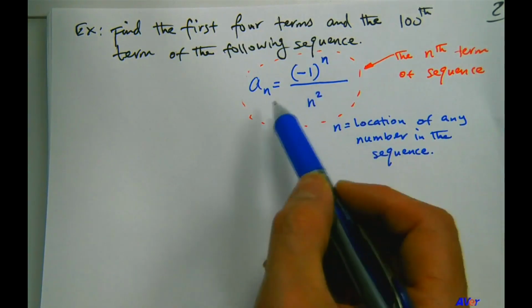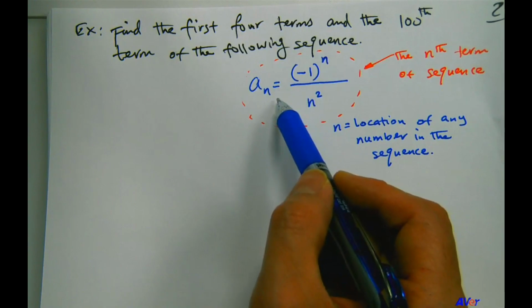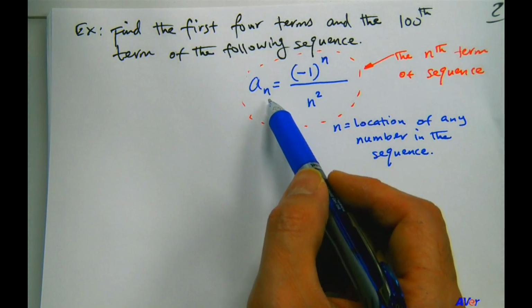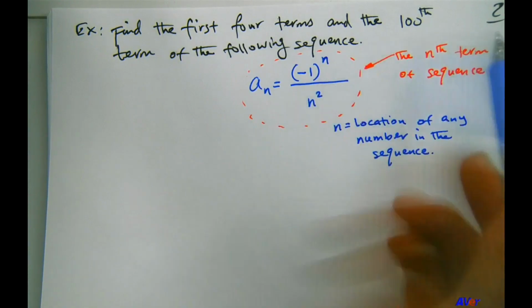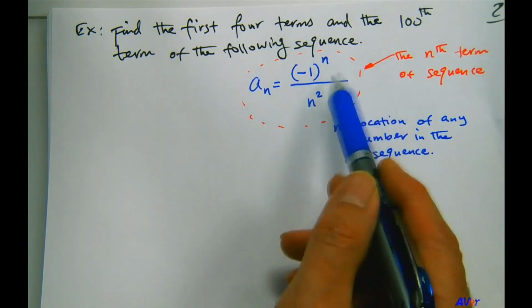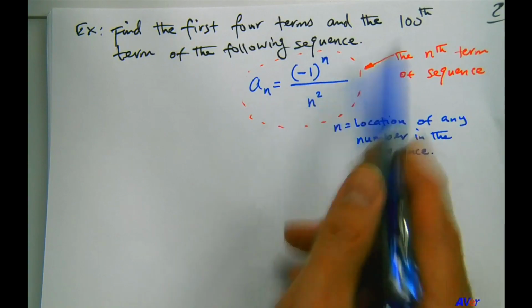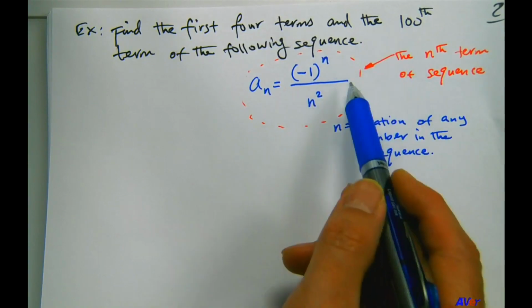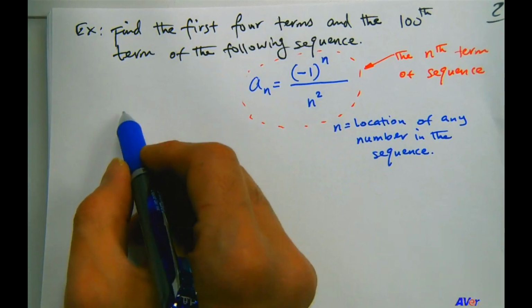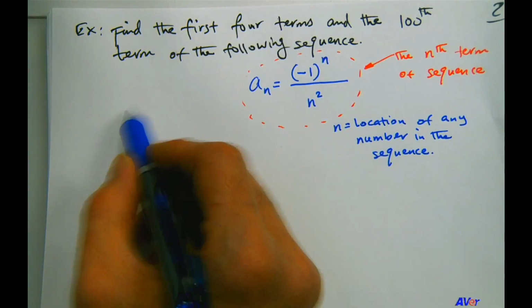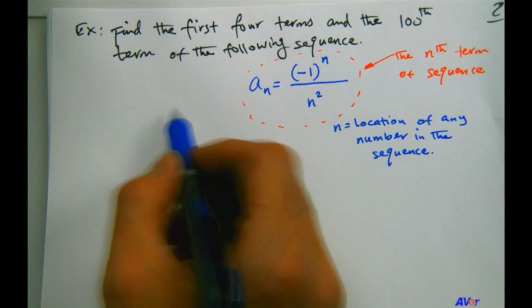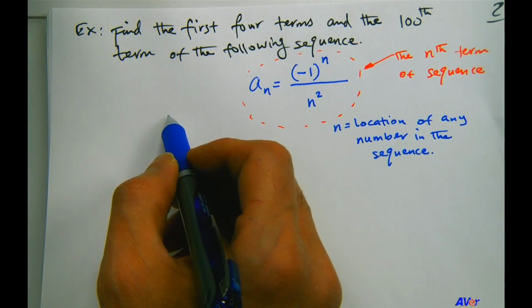The other useful feature of this is that if you're asked to manually find the 100th term of a sequence, there are 2 ways of finding that 100th term. You can either begin, if you know the first term and the pattern, you can start listing them manually until you reach the 100th number in the sequence.